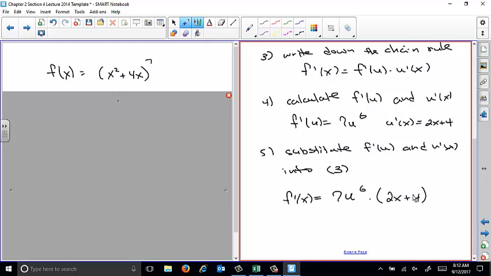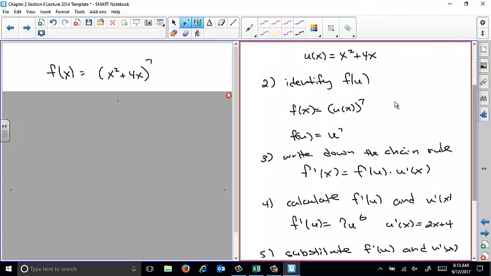The problem with this is that I want the derivative in terms of x, but I've got it in terms of u and x. So to be able to rewrite this entirely in terms of x, I go back to what I defined u to be up here, and plug that in.